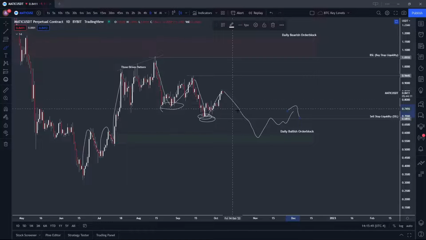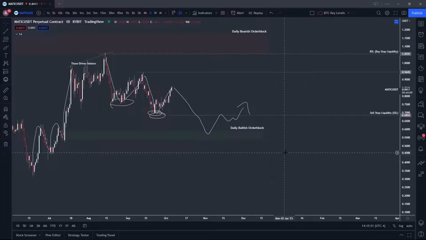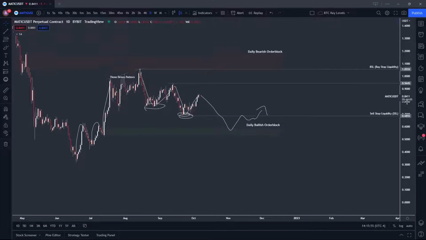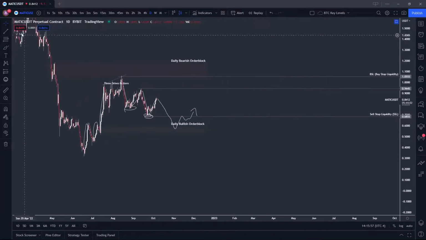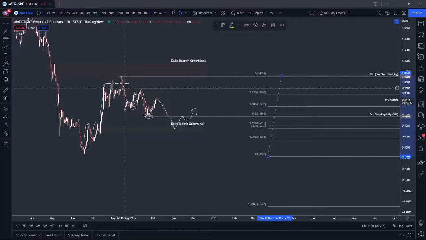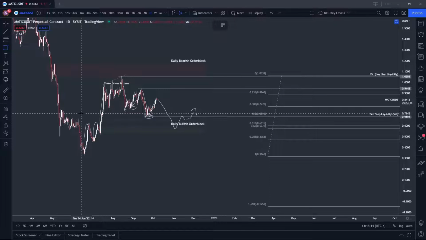So if I were to set up this trade, I would also look for more confluences. We have break of structure, order block, sweep of liquidity, and you can even look for a fib retracement. So we'll take the retracement tool, start from the bottom, and go up to this peak, from this swing low to this swing high, and you can see that right here we have this golden pocket.